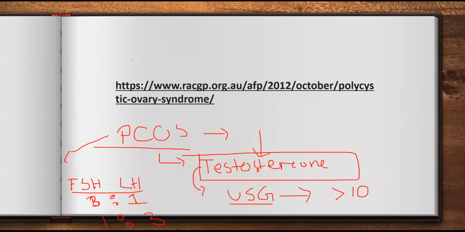Let's say the patient is 40 years old and the main presentation is subfertility. What would you do? Anyone?